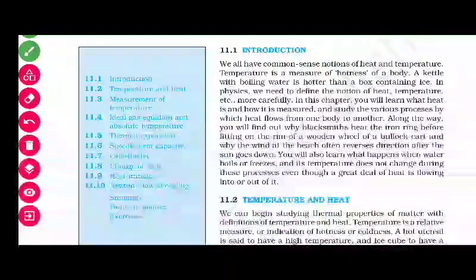You will also learn what happens when water boils or freezes, and its temperature does not change during these processes, even though a great deal of heat is flowing into or out of it. When water changes to steam, or ice changes to water, there is a change of state.